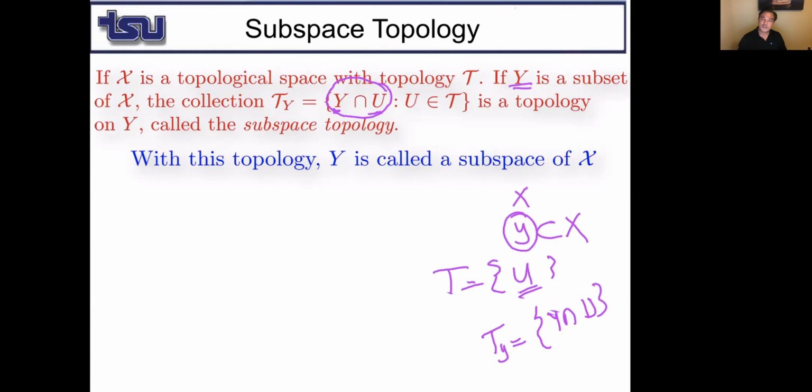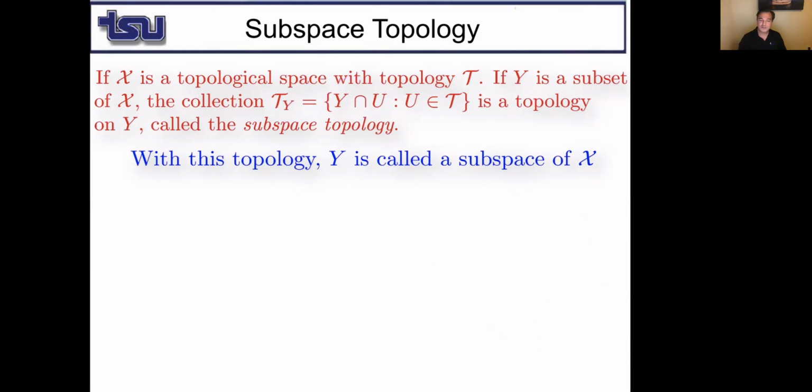And it also satisfies those 4 rules that we have for being a topology. If you check it carefully, you will see it. Pause the video and check it. For example, if I take an element, let's say Y intersection U1, and I take another element and look at their intersection, this will be Y intersection U1 intersection U2.